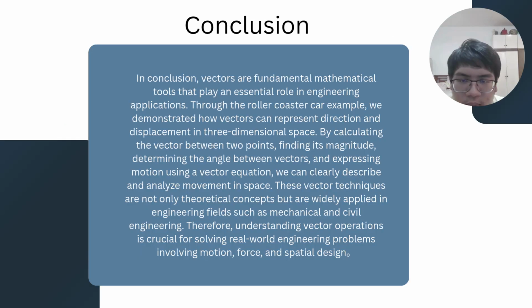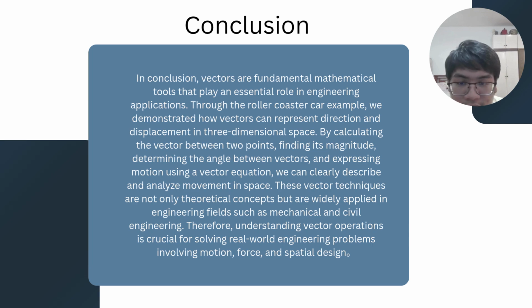Here is the conclusion about this topic. In conclusion, vectors are fundamental mathematical tools that play an essential role in engineering applications. Through the roller coaster car example, we demonstrated how vectors can represent direction and displacement in three-dimensional space. By calculating the vector between 2 points, finding its magnitude, determining the angle between vectors, and expressing motion using a vector equation, we can clearly describe and analyze movement in space.